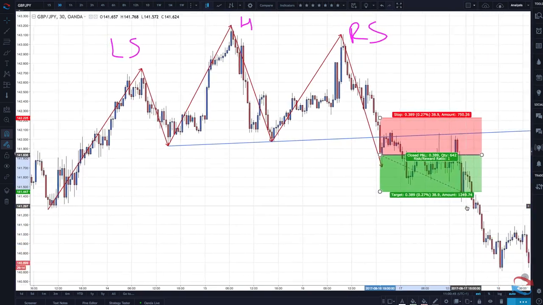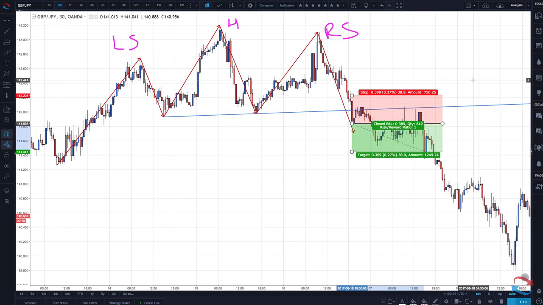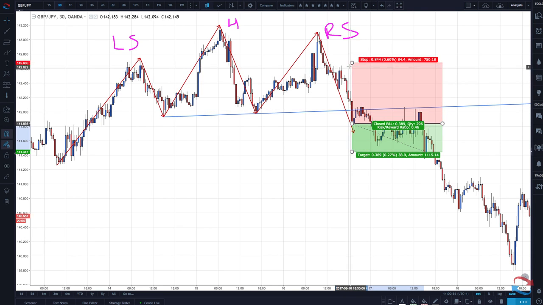Now, where will traders place their stop loss? Probably behind some swings. So you can see that prices have come down, made a little swing here, above the right shoulder or above the head, depending on their risk tolerance.